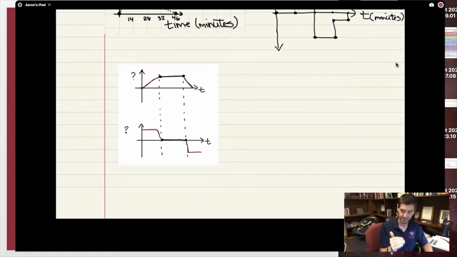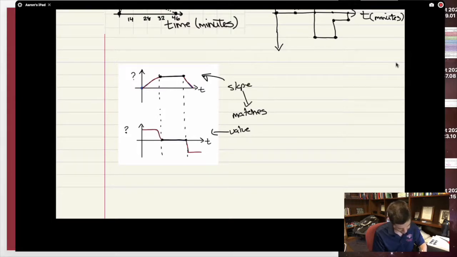So if the average velocity is the slope of position, the value of this appears to be matching the slope of this. And if we look at the other parts of the curve, you can convince yourself that that is indeed true. If I look at, say, the third leg of this curve, it seems to be going down towards the origin, and it seems to be a decently straight line, which has a fairly constant slope.